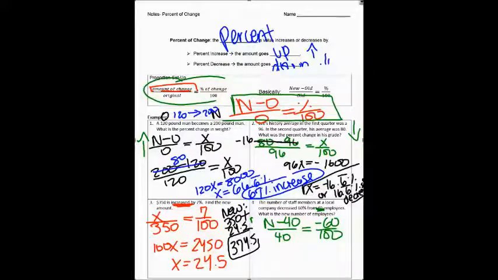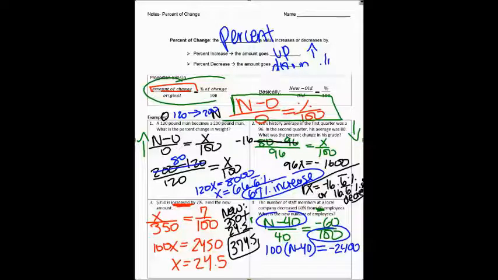Now when I go to solve this, we use our cross products, that cross multiplication. In order to get 100 times that entire n minus 40, I'm going to have to use parentheses and then distribute. So it's 100 times n minus 40 equals 40 times negative 60, which is negative 2400.